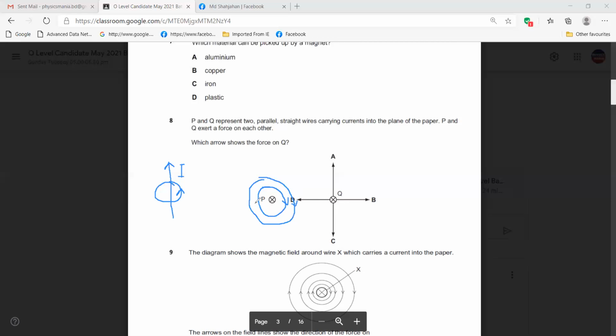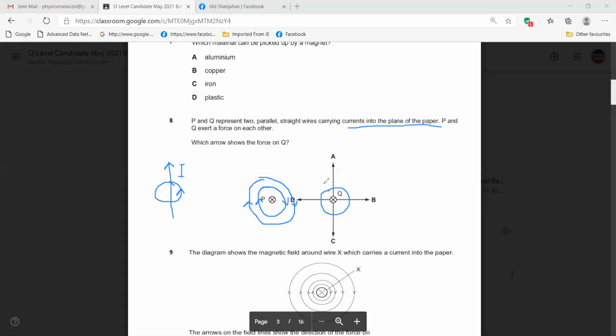Sir, how do we know that it's going into the paper and not out? They told us. It is a cross, right? They are saying into the paper. If it is a dot, then it is out of the paper. Now they are telling us whether it is into the paper or out of the paper.